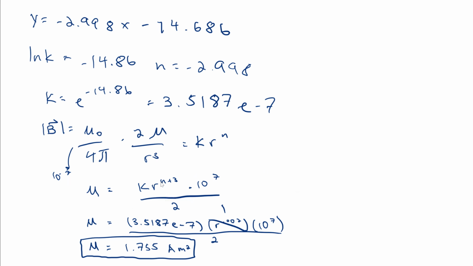Because n is negative 2.998, this thing right here is equal to 1 because it's close enough to the 0th power. You get the magnetic dipole moment at 7.555 ampere meters squared.